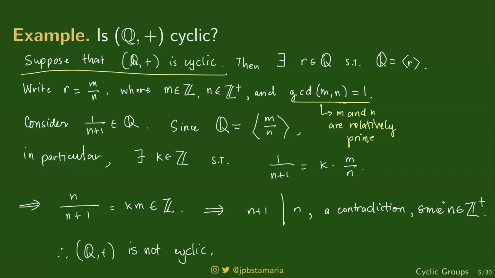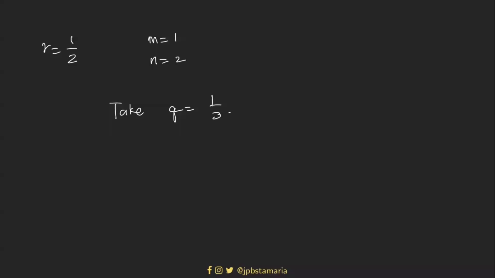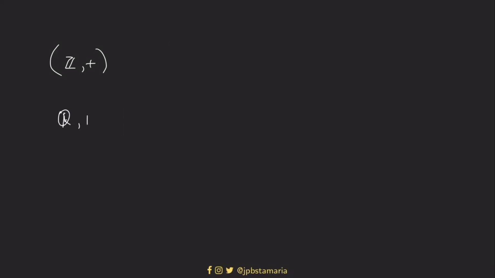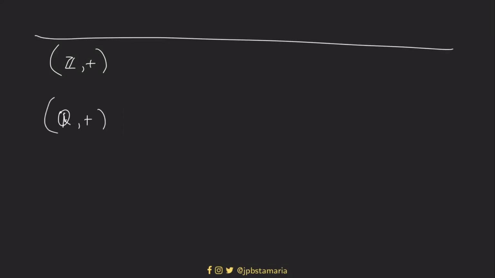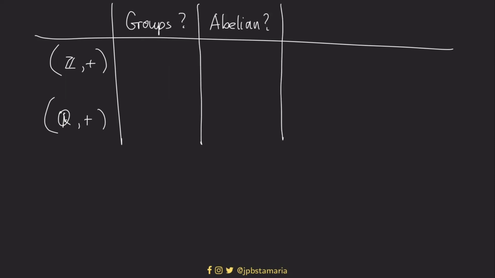Anong natutunan natin sa example na ito? Tingnan natin. Ito si C plus. Ito si Q plus. Okay. Ito yung mga classifications. Are they groups? Okay, yun yung tanong. Are they abelian? Parehas infinite.